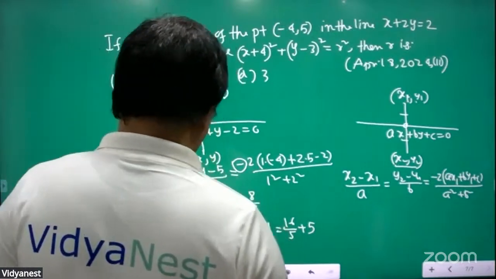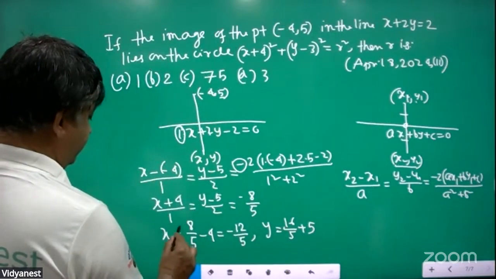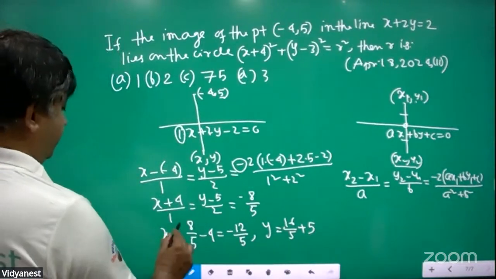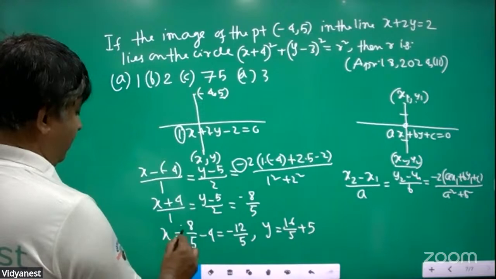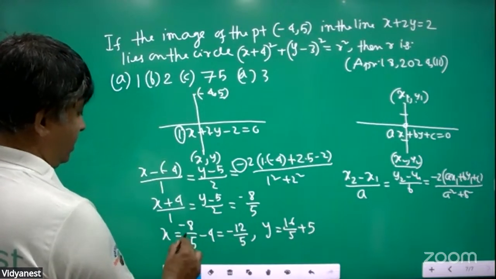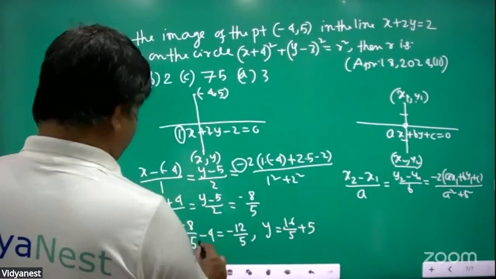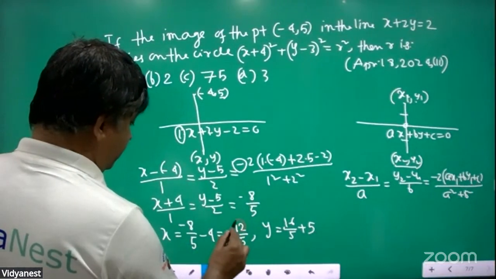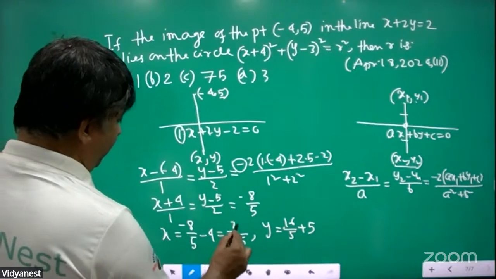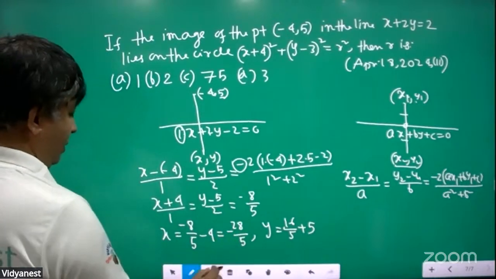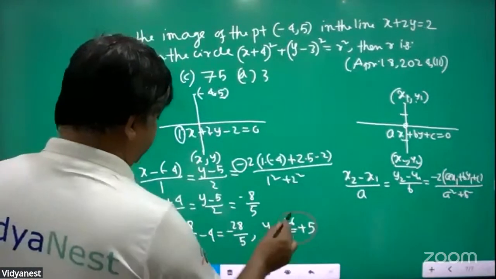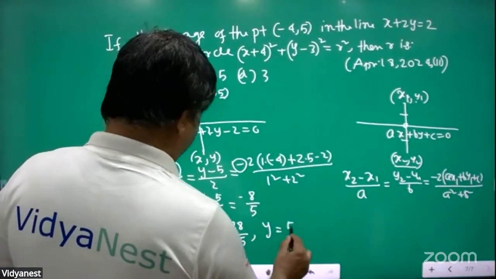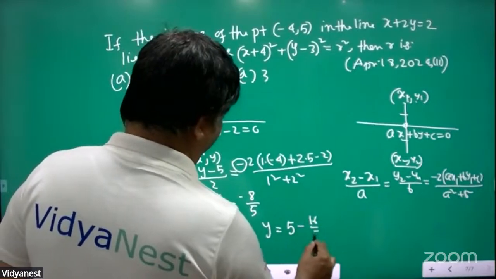Understand? Yes, sir. So this is minus 8 by 5. That means it is minus. So it is minus 28 by 5. And y will be what? 5 minus 16 by 5.